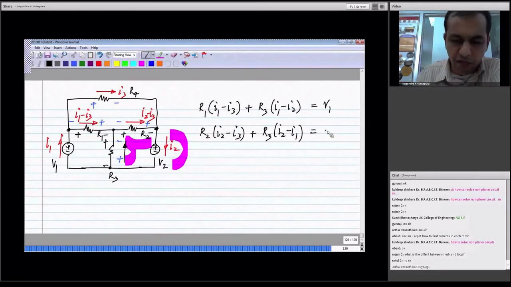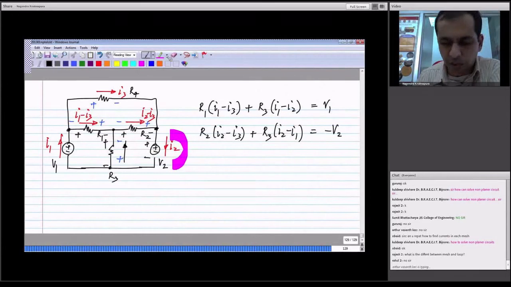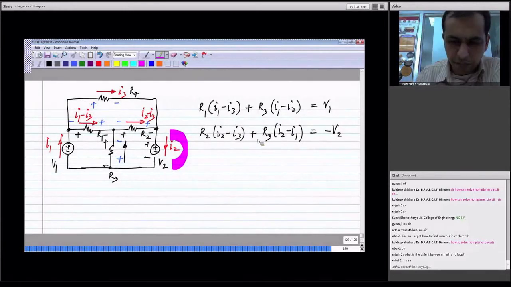Or alternatively, you can think of this voltage plus that voltage plus V2 summing to 0. So that means that when you shift V2 to the right hand side, you will end up getting minus V2.